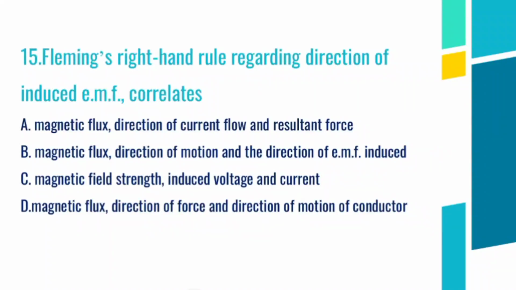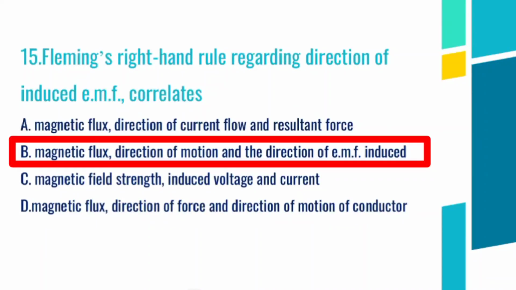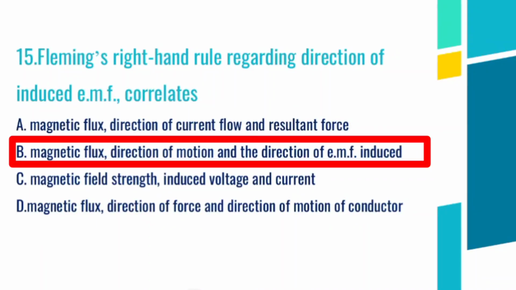In Fleming's right-hand rule, the forefinger indicates magnetic flux, the thumb indicates direction of motion of the conductor, and the middle finger indicates EMF induced. Hence B is the answer.